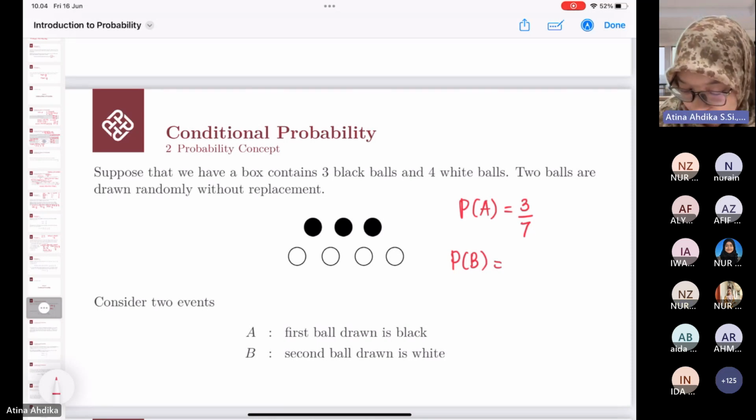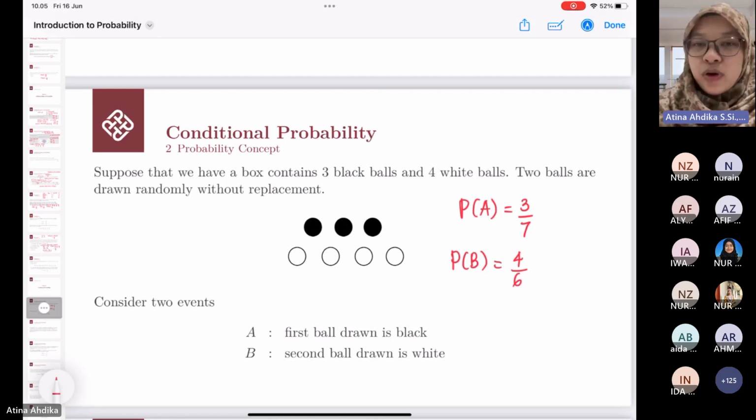Yeah, you are right. So this is not as simple as calculating the probability of A, because we have two processes. The first process is we take one ball, and then the second process, without replacement of the first ball, we take another ball.